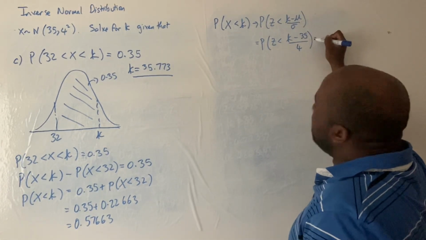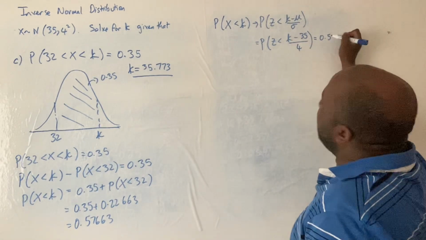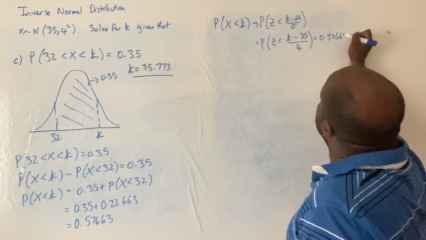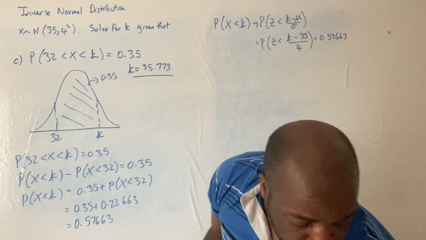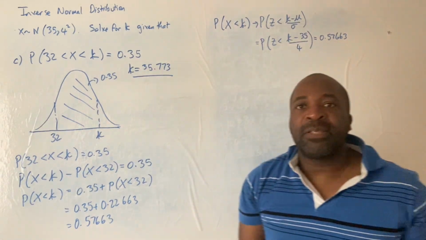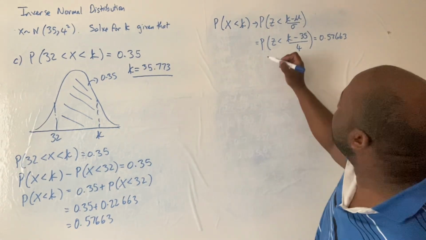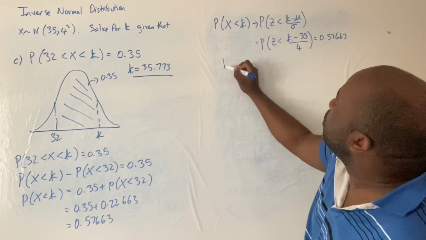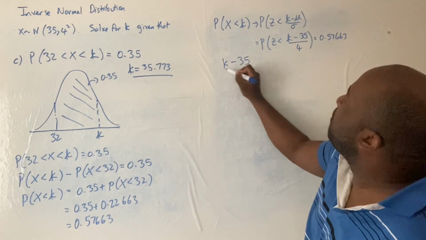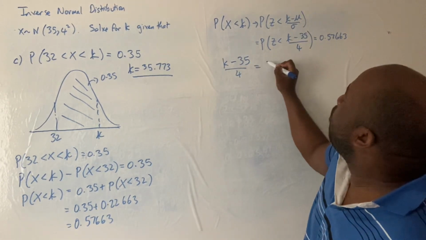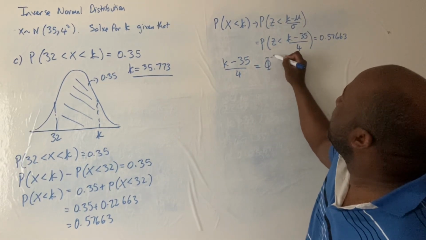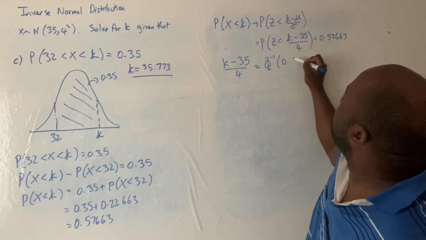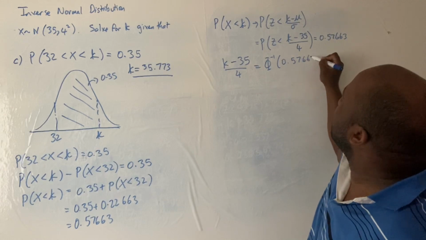All of that must equal 0.57663. So we would go to our table and try to get as close to 0.57663. So k minus 35 over 4 is equal to phi inverse, that's our inverse normal, of 0.57663.